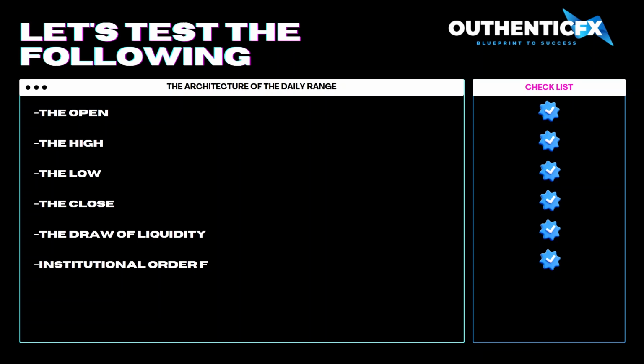So remember, we always want to mark up the high and the low of the candle, but also, guys, consider and mark up where the open and close of that candle is, because marking up the open and the close of that candle is also very important, because you'll be able to see how price reacts to the previous day's open and close. And then from there also, don't forget to mark up the draw in liquidity, and institutional order flow is very important. Always target those areas in the market, guys.